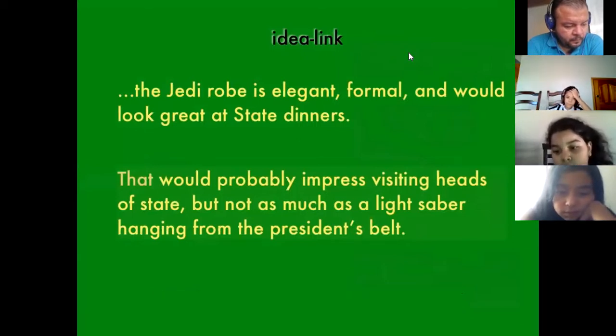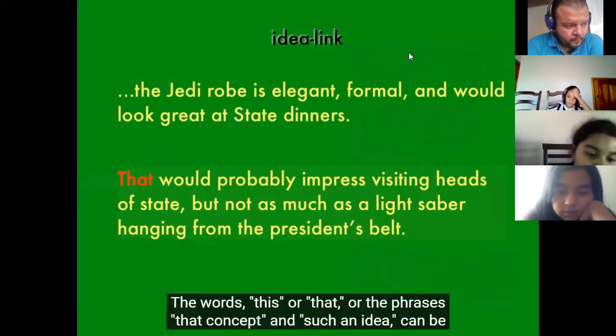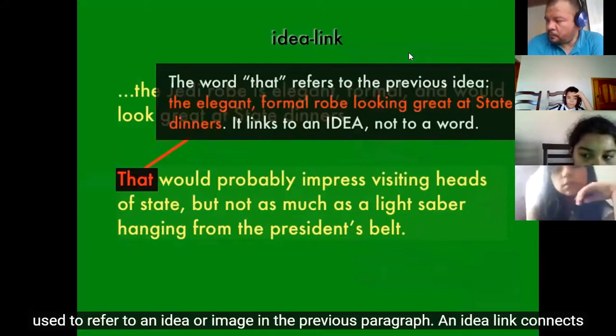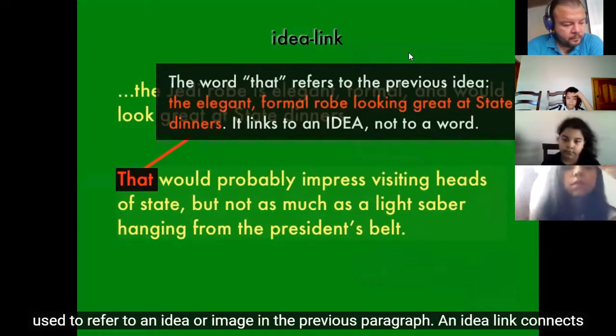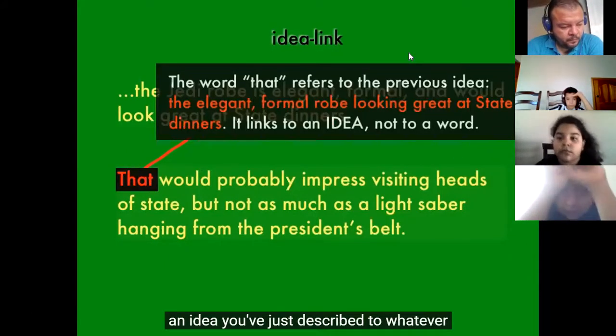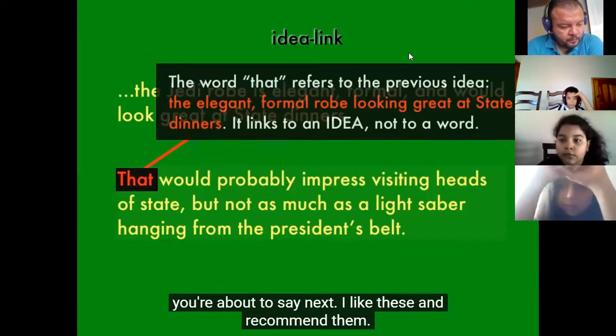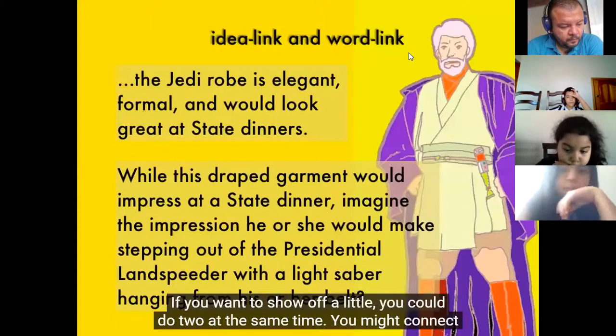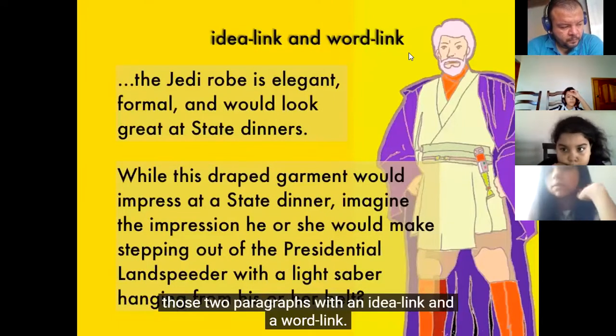The words this or that, or the phrases that concept and such an idea, can be used to refer to an idea or an image in the previous paragraph. An idea link connects an idea you just described to whatever you're about to say next. I like these and I recommend them. If you want to show off a little, you could do two at the same time. You might connect those two paragraphs with an idea link and a word link.